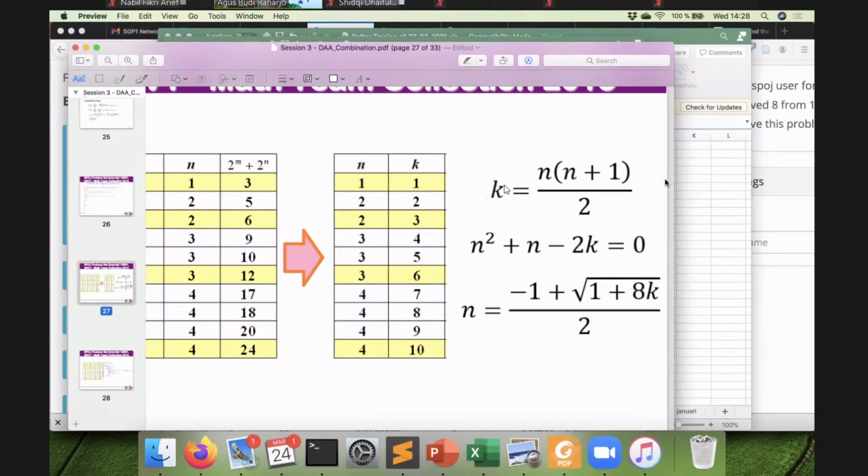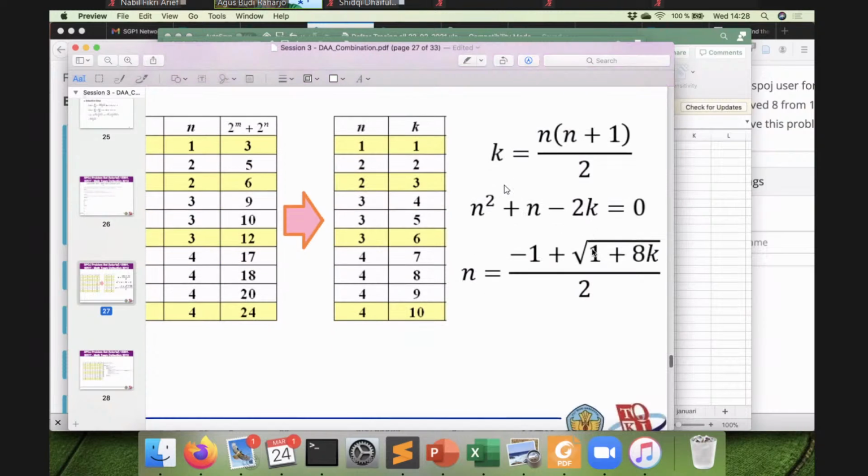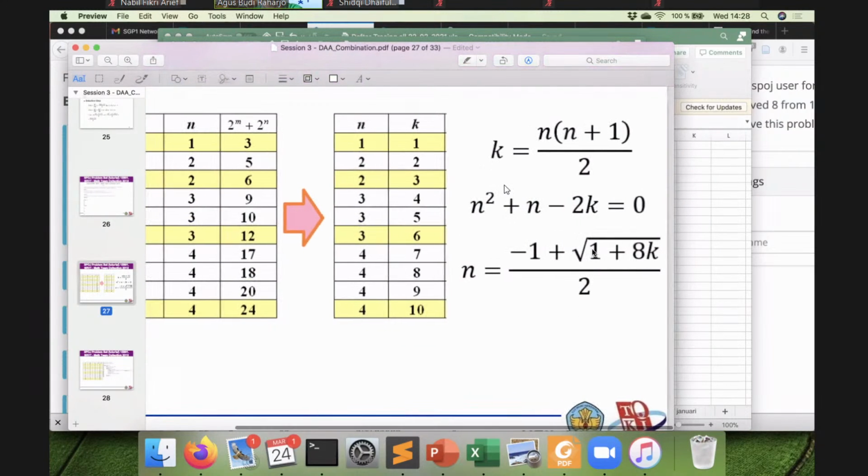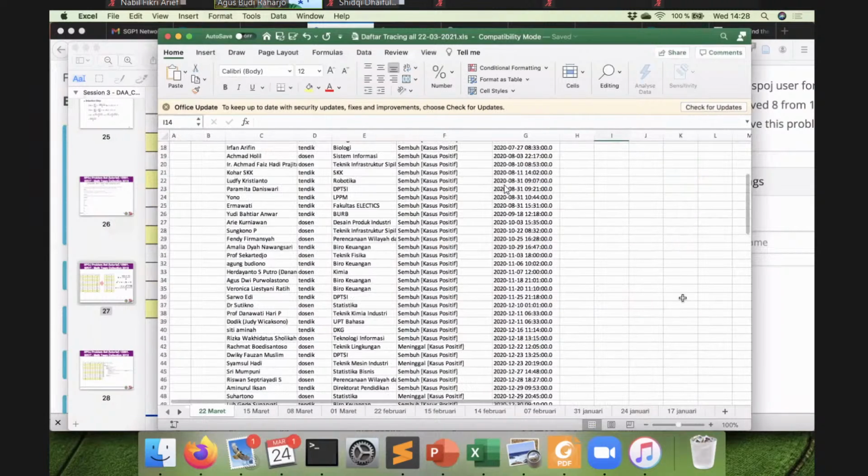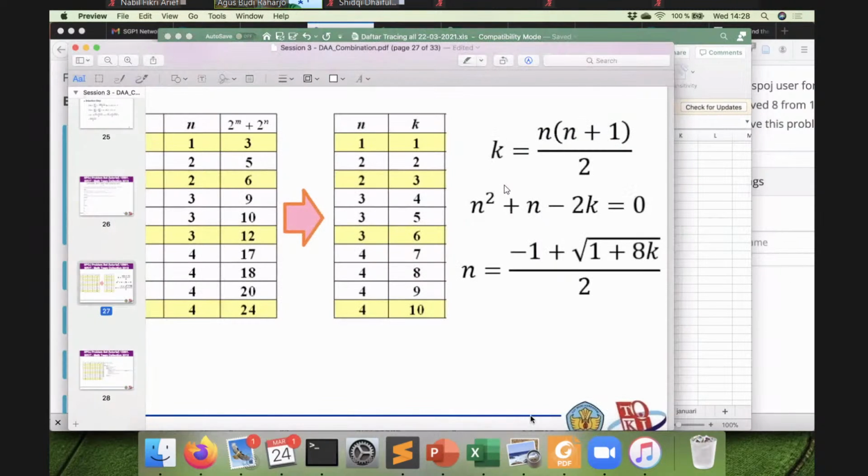Then we move k over here, so we got 0. Actually, 0 equals n square plus n minus 2k. After that, we will find the root of the quadratic equation. You remember it from high school? Or maybe in calculus.